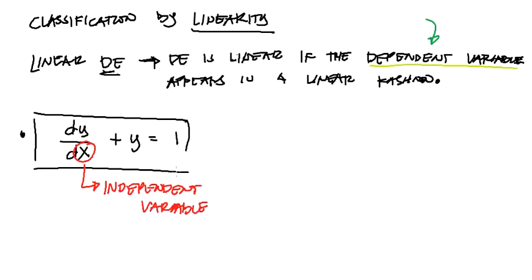Okay, and a variable is called dependent if a derivative of the variable occurs. So the derivative of the variable y occurs. So we have the derivative of y. That's why this variable y here is what we call the dependent variable.